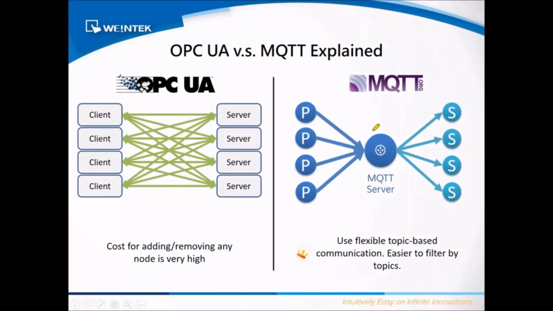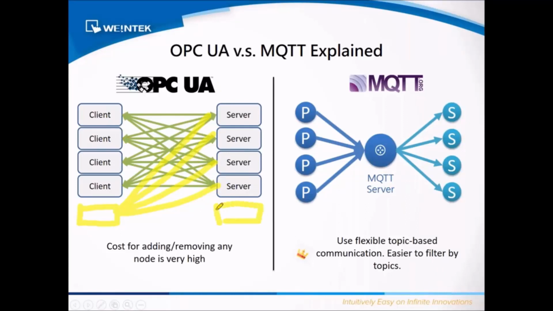And so if you want to use OPC UA in the system, you can imagine that if you add one client in the system, then you need to configure every server one by one. And if you are in the factory, then you may need to modify and restart the server somehow. So it is relatively harder if you have multiple clients and multiple servers.